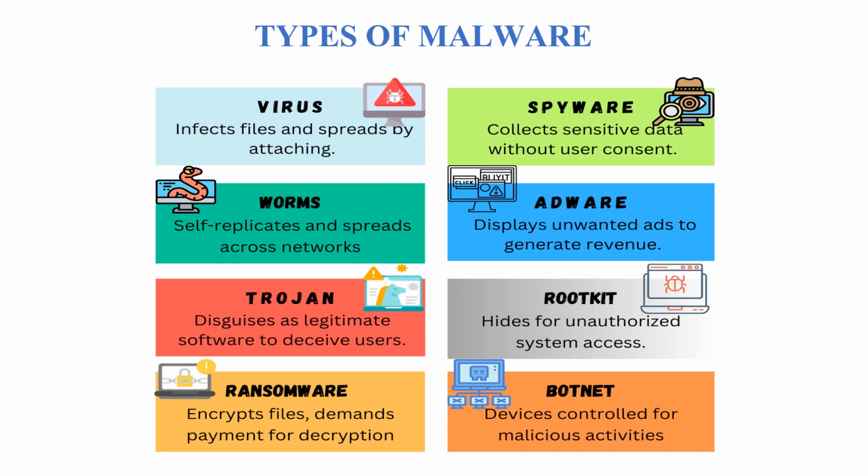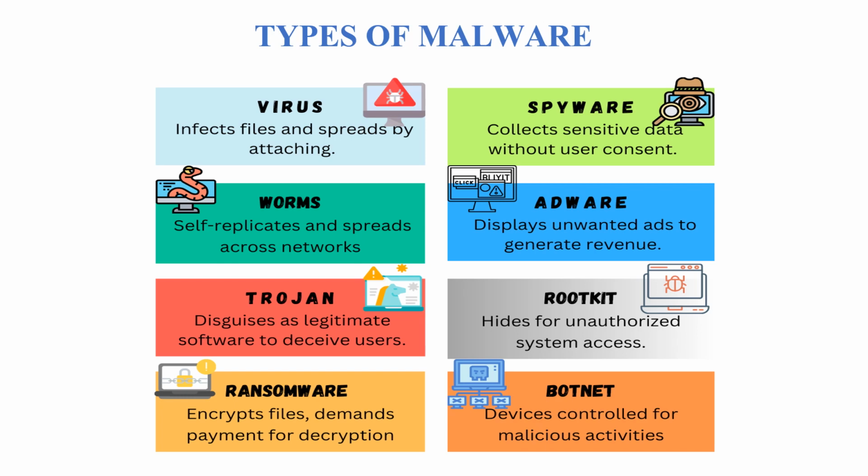Next one is Trojan. Trojan means malicious software which appears legitimate to the users. Ransomware. It encrypts the files on the devices and forces the victim to pay a ransom in exchange for the data or decryption.